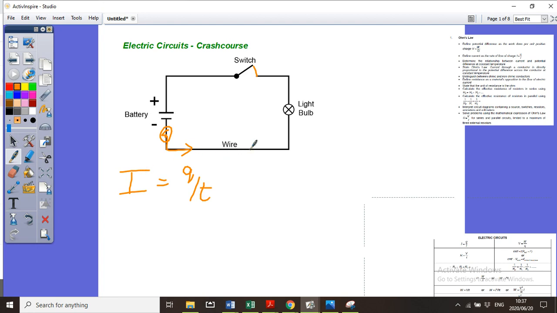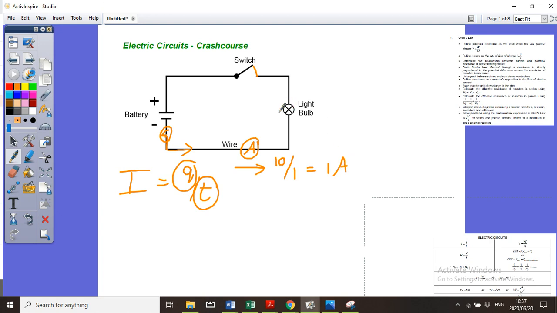So what is current? We haven't actually answered that. If I place an ammeter here, the ammeter is basically counting how many coulombs per second pass that point. So here are my orange coulombs, and they're all running, and I'm basically just counting them. If I count 10 coulombs passing every second, then I know my current is going to be 1 ampere.